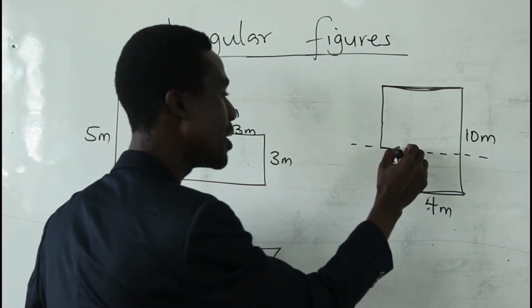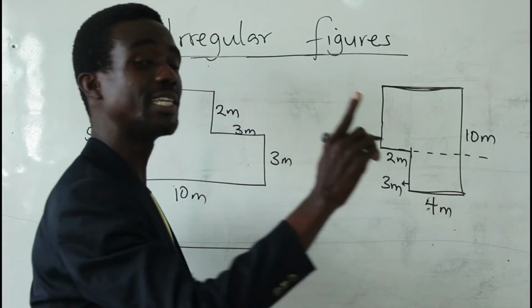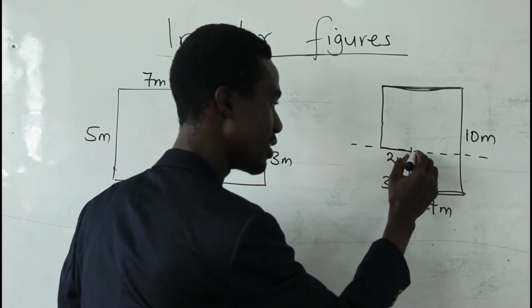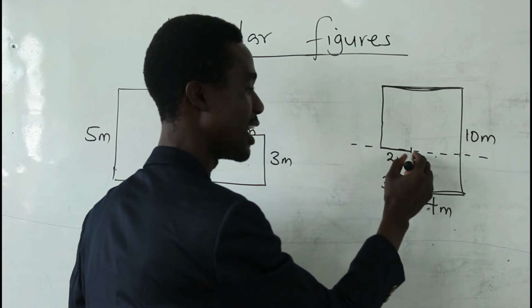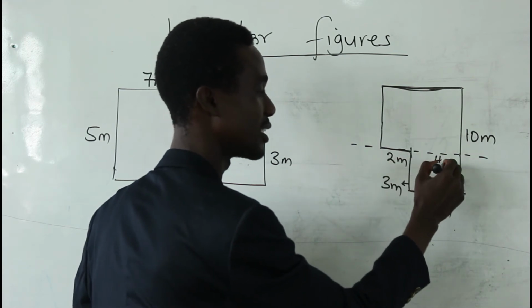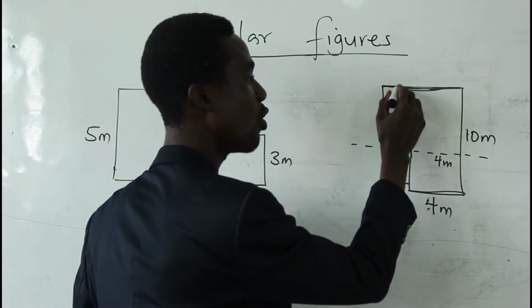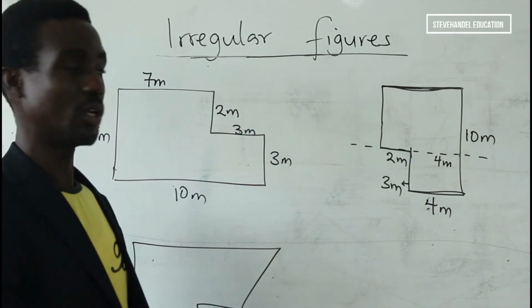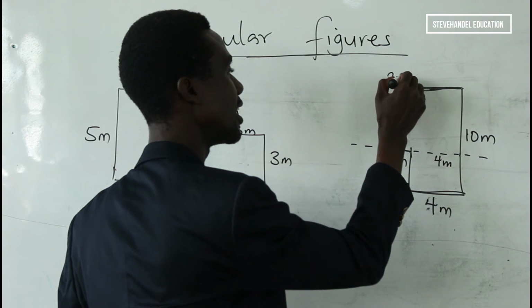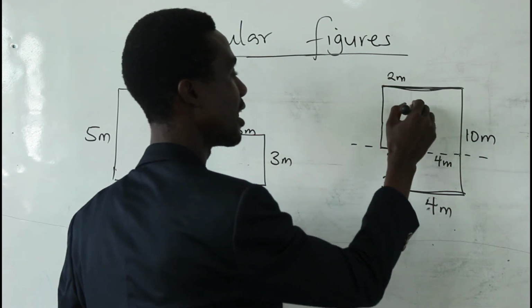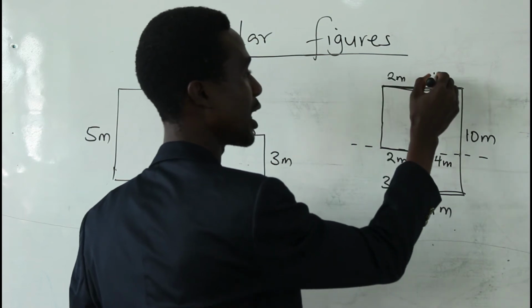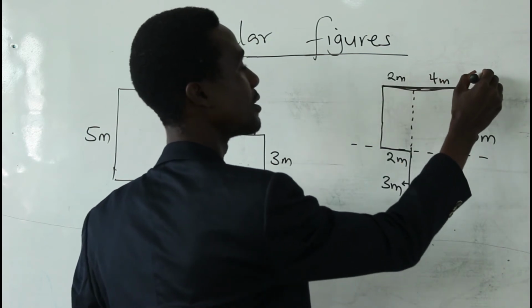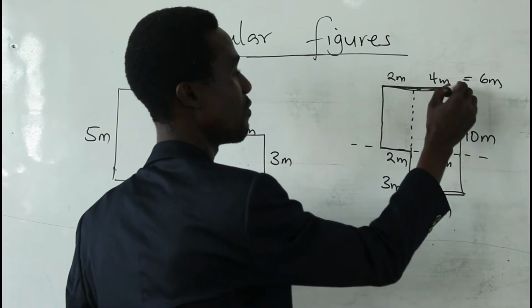And so here being 2 meters will definitely mean that the rest of this side is also 4 meters. So we have 2 meters and this side 4 meters, which will give us the whole of this top. So 2 plus 4 will give us 6 meters for the top here.